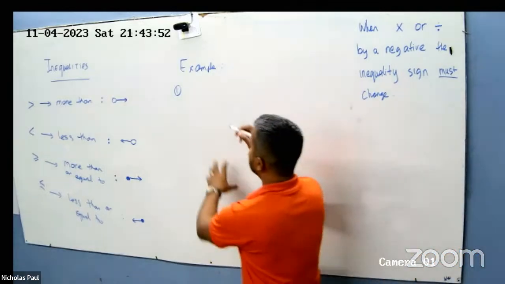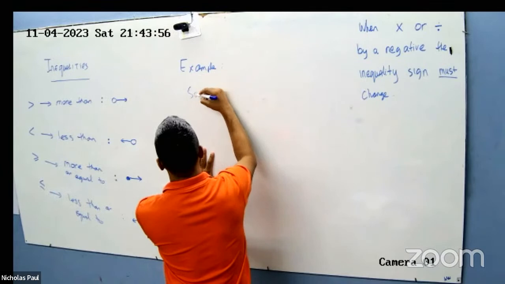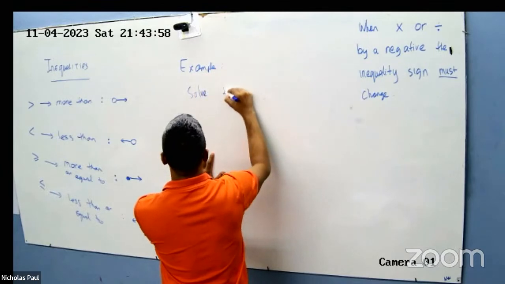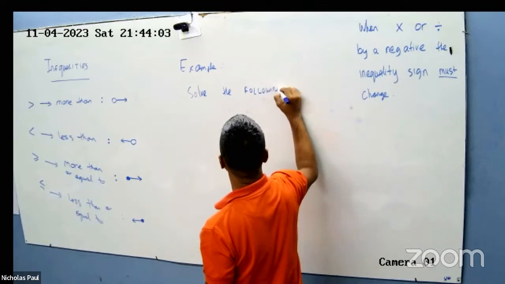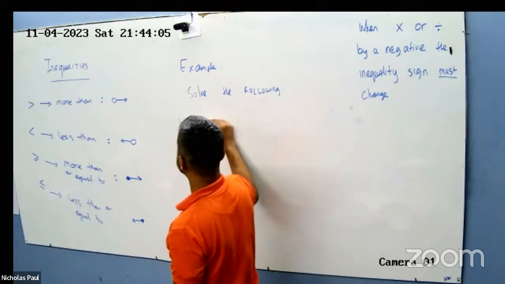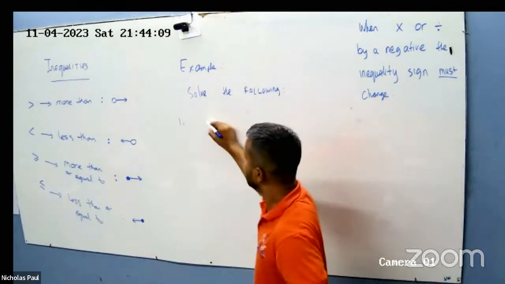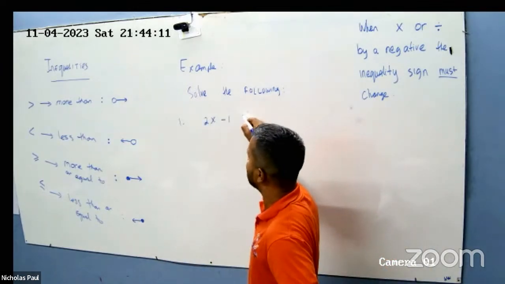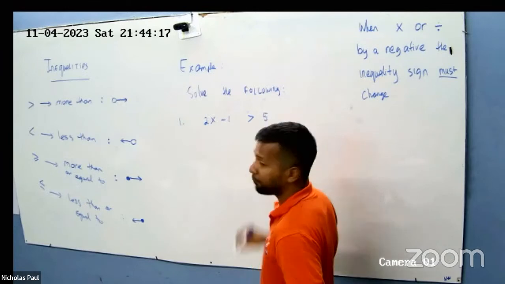Okay, so let's say we have to solve the following, and of course, show it on a number line, right? We'll show all our solutions on number line. Suppose I gave you 2x minus 1 is more than 5, right?